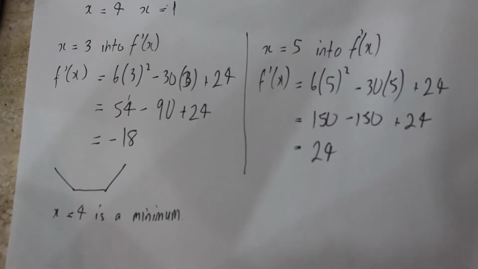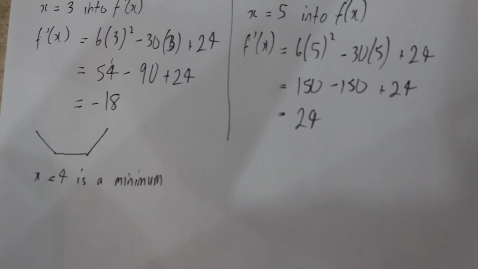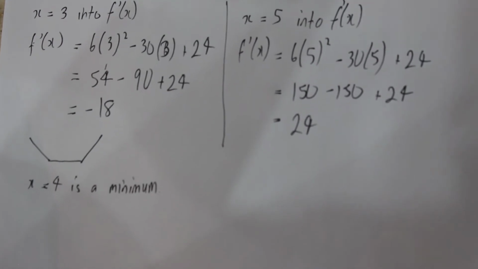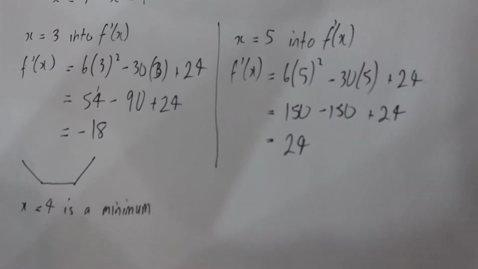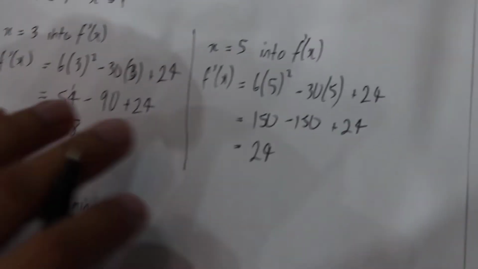This tells us that the lowest point displayed is at x equals 4, where the curve is stationary. Now to prove that x equals 1 is a maximum, which it usually will be because they're opposites of each other in a cubic, we do the same thing.